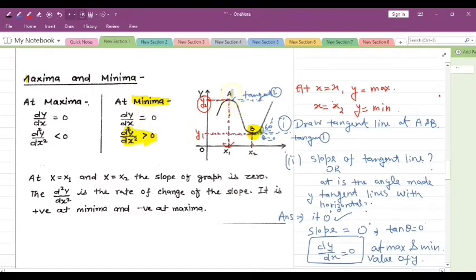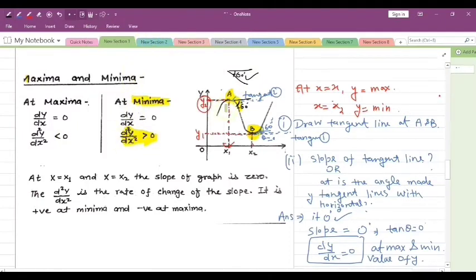And at this point A, you can see as you move ahead, this particular angle looks like a negative angle, or an angle made in this fashion. So this angle is called a negative angle, or your slope is negative.